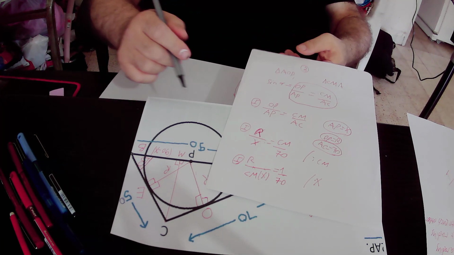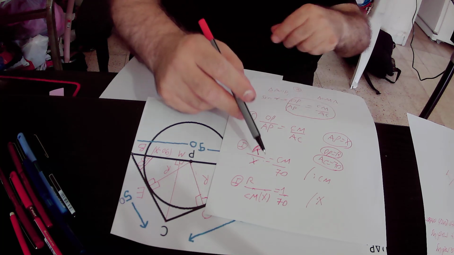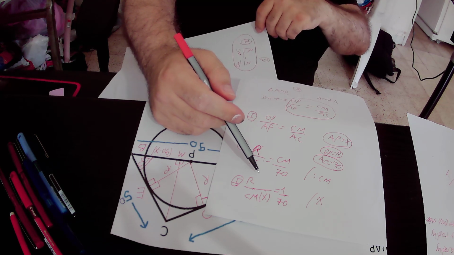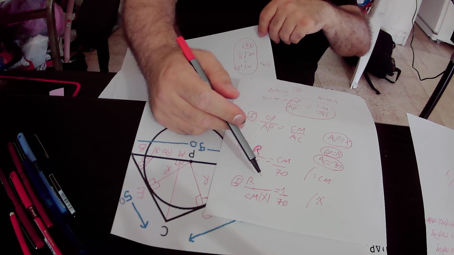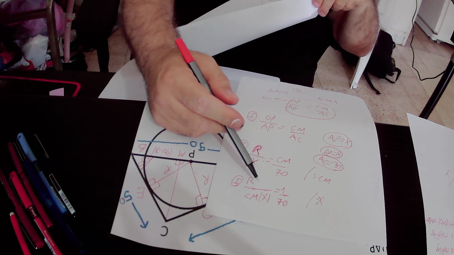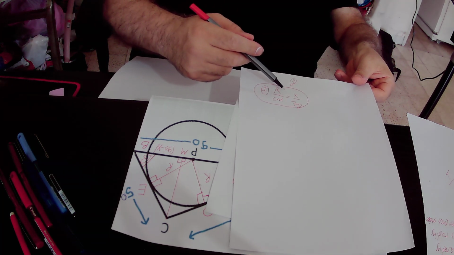So here we multiplied both sides of the equation by X. So in this side of the equation, X divided by X equals 1. So we are left only with R over CM because X is cancelled.